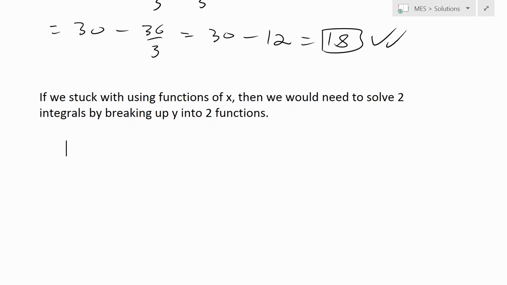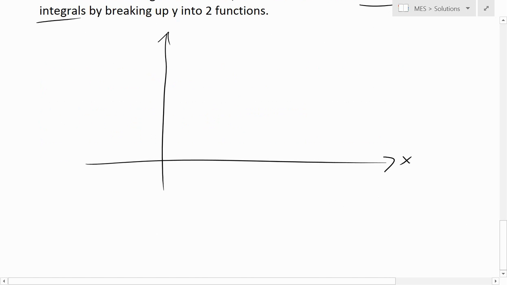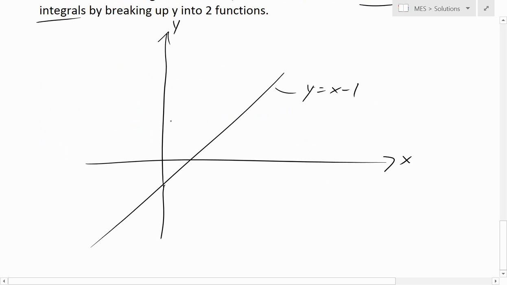But if we stuck with using functions of x like I explained initially, then we need to solve 2 integrals by breaking up y into 2 functions. So for example, we'll have this function on this graph like this. That's x, this is y. There is our line, which is y equals x minus 1.